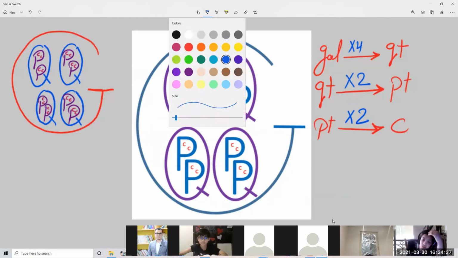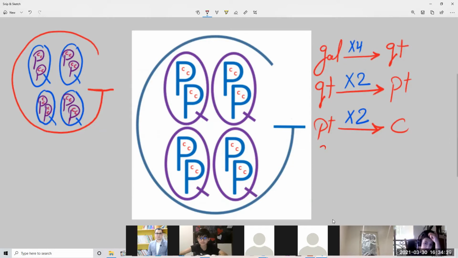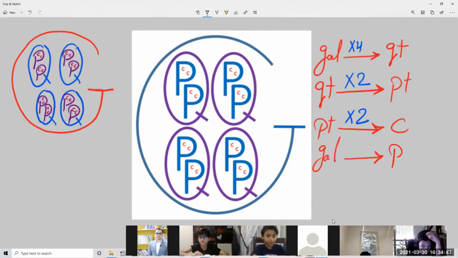So if you want to convert from gallon to pint, you have to multiply by what? By 8. Multiply by 8, okay? Because we have 8 pints in 1 gallon. Okay, thank you so much, Ryan.